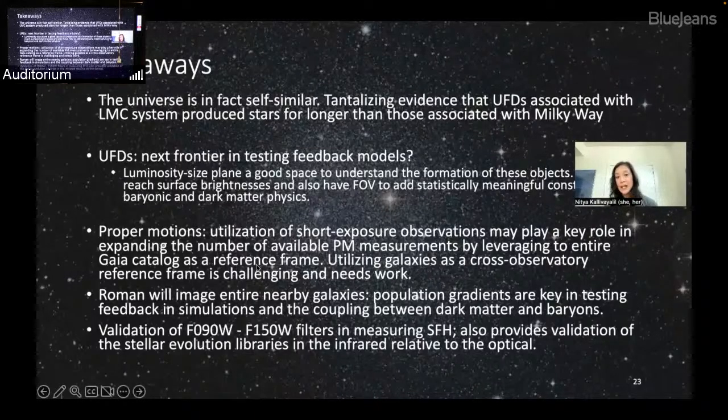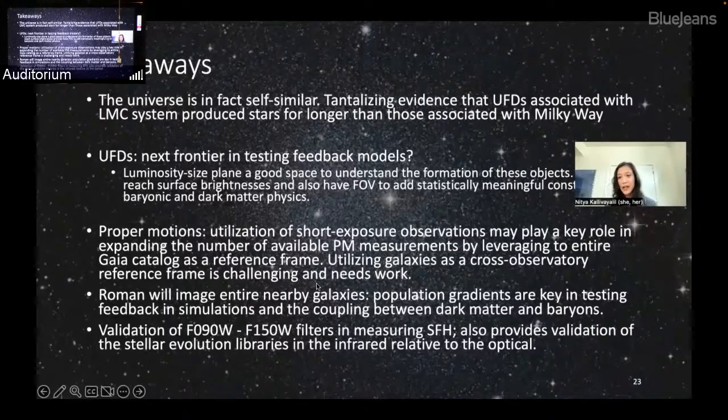Proper motions, utilization of short exposure observations will play a key role in expanding the number of available Gaia stars. Again, a really powerful tool that we need to make sure we work with Roman, because this is a way to measure proper motions in every field.